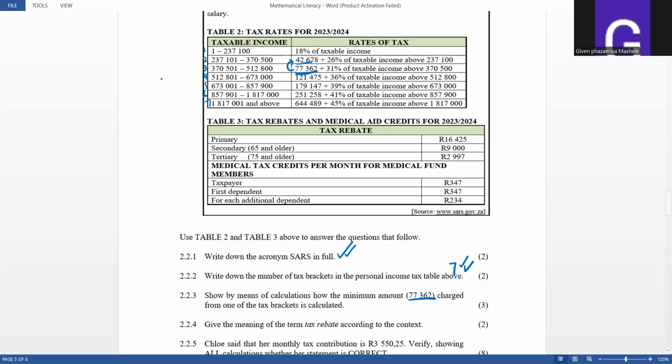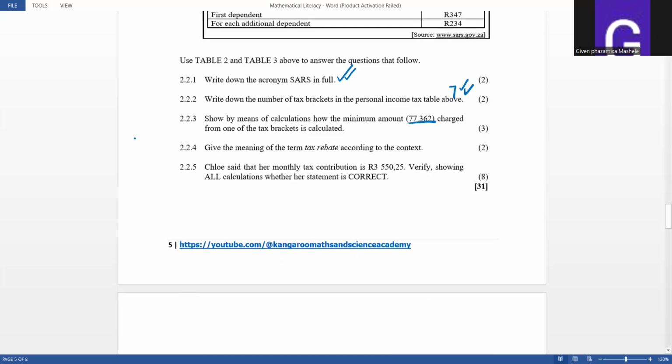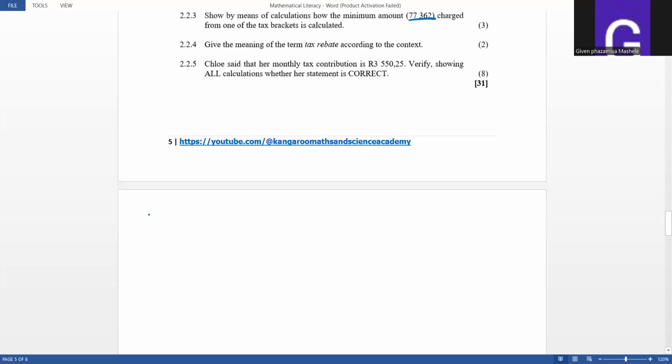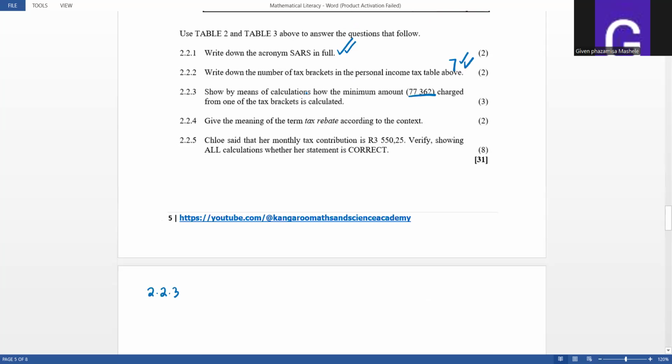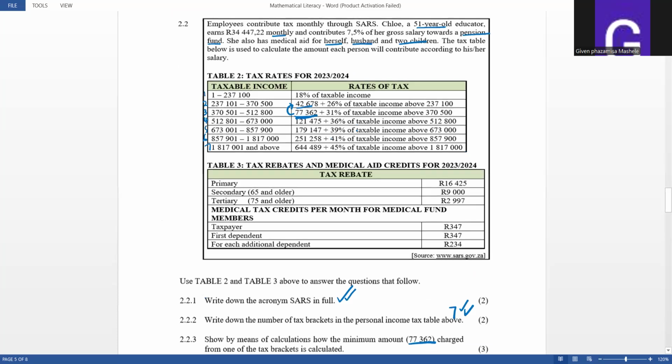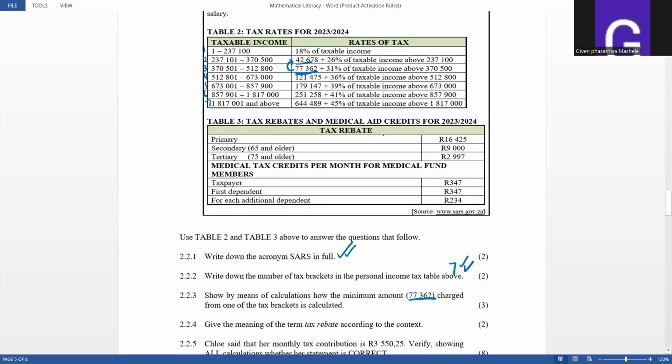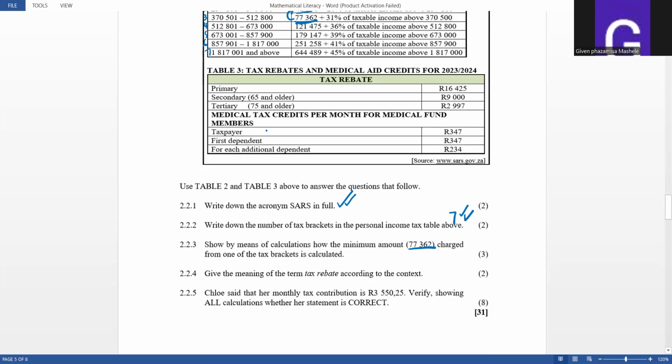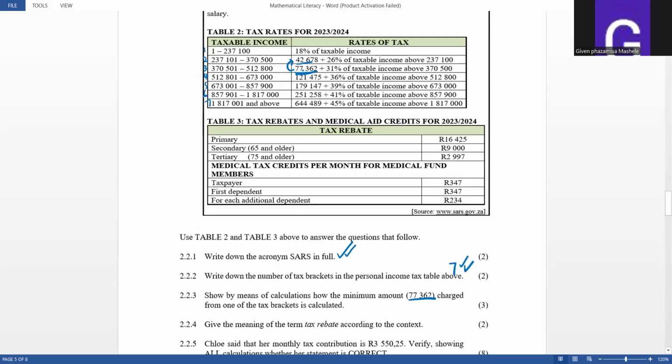Let's say this is 2.3. We want to confirm the minimum amount which was charged in bracket 3 based on the previous bracket. So to do that, we're going to take what was the minimum amount in bracket 2, because we want to confirm this.